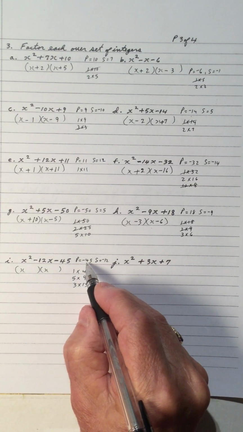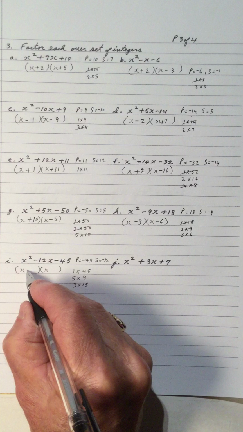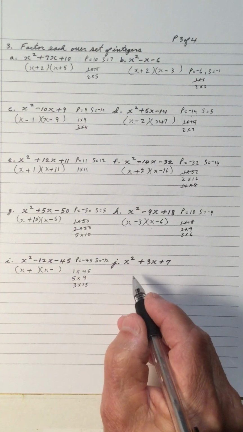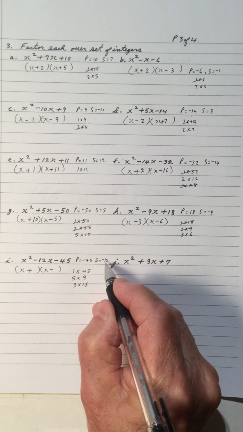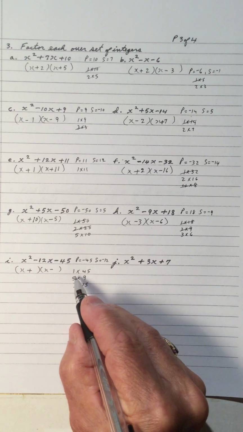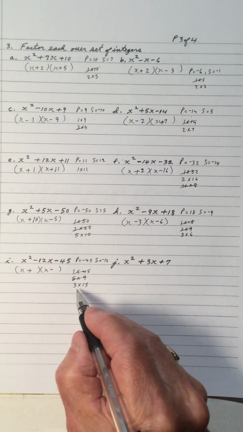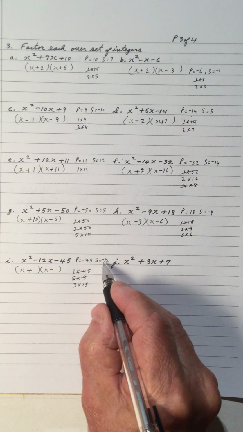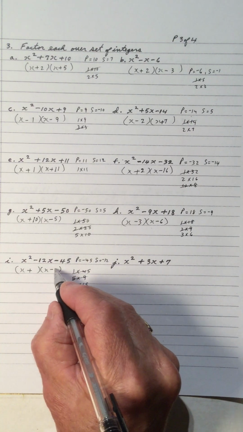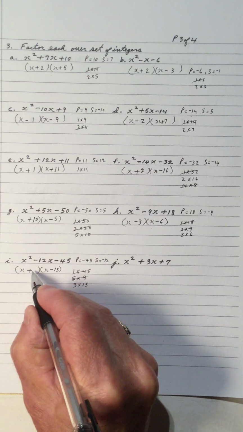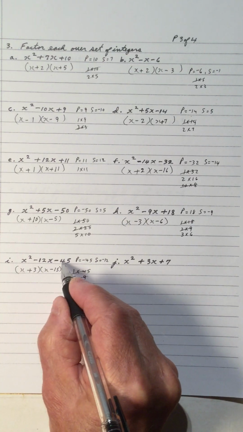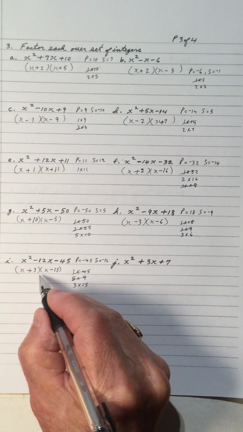So the product is negative, so we have to have a plus and a minus. And they differ by 12. Differ by 44, differ by 4, differ by 12. And the larger number is negative, so 15 is negative, and the 3 is positive. Multiply, negative 45, add, negative 12.